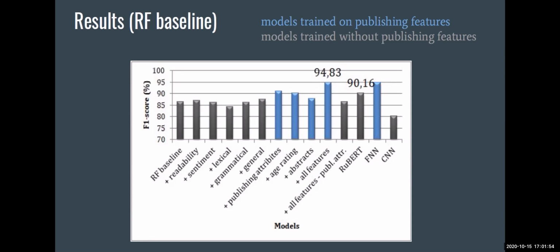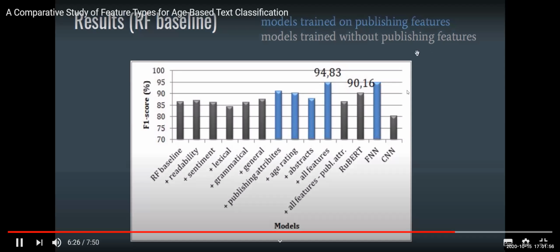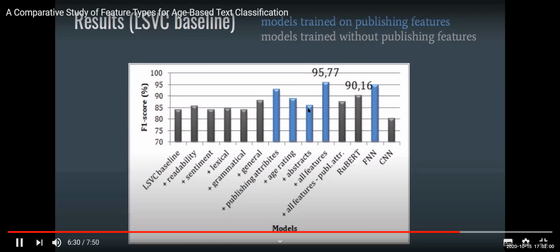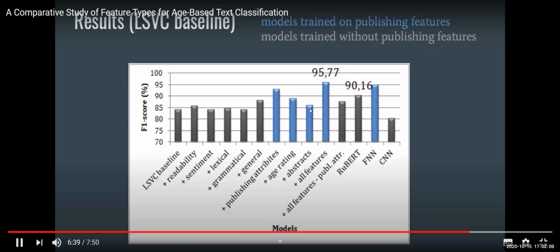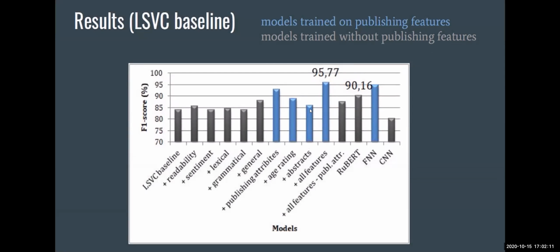Among the models that didn't use publishing features, the BERT model showed the best result. Almost the same results for the SVM classifier. Here we can see slightly better values. Our best value is 0.9577 of F-measure.